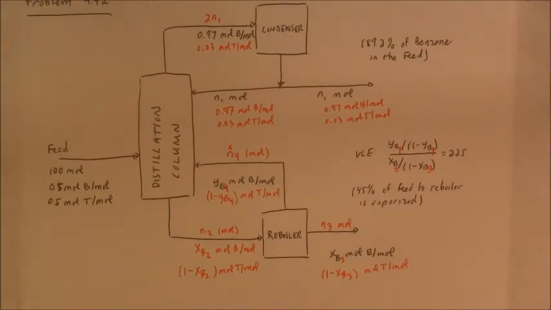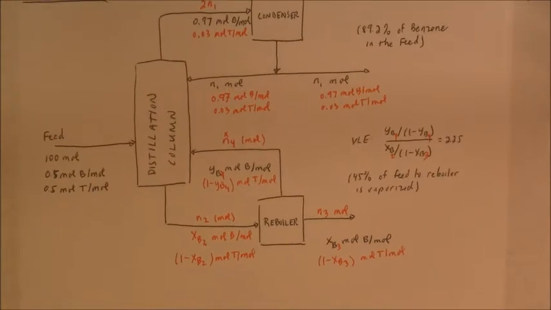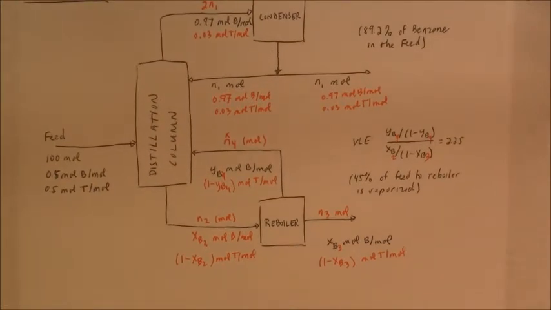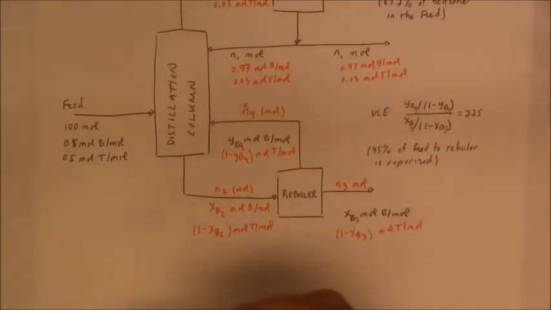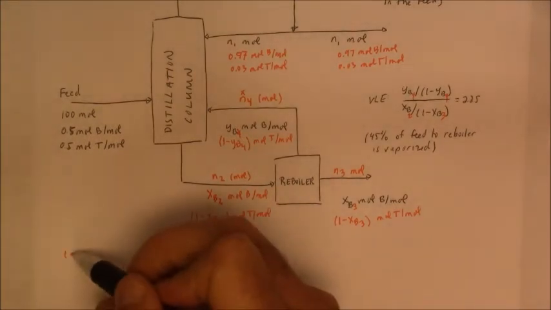So first thing we need to do is the degree of freedom analysis to determine the order in which we solve this system. So I'm going to bring the paper up a little bit, and we'll start with the column.